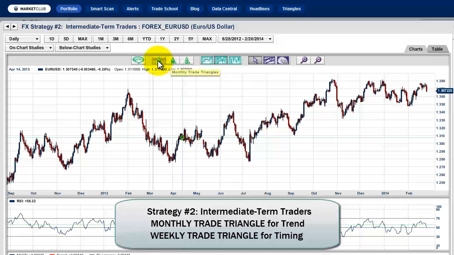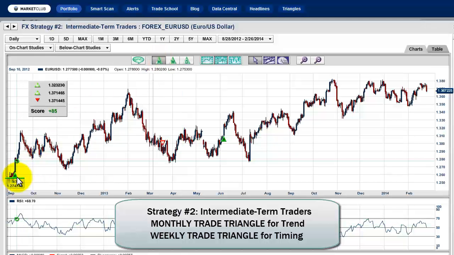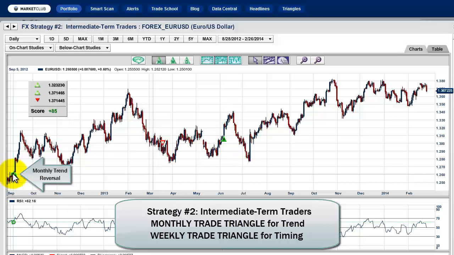So let's just click once here and you'll see our monthly goes in right here. Then we're going all the way back to September 7th, because you don't get too many signals using the monthly. So here's September 7th, and you can see from this period on we had 1, 2, 3 signals. Now the signals indicate that the major trend is up.